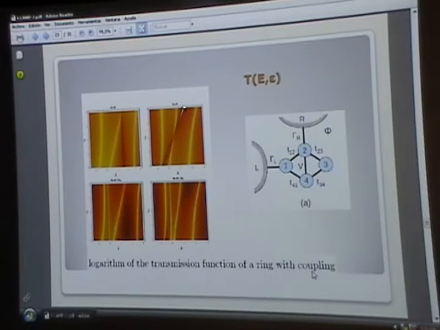When you see a sample of this in a closer view, you can see that you have a dark region and really close to it a bright region. So you have peaks and anti-resonance very close to each other, and that is the signature of the Fano effect.